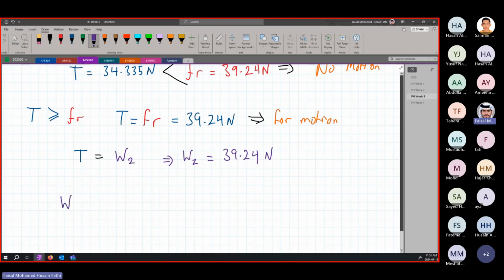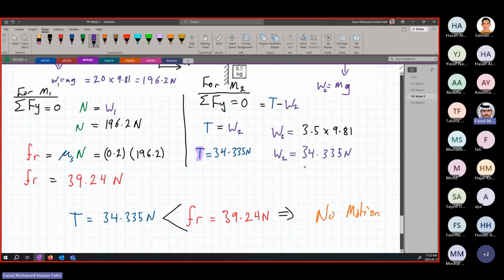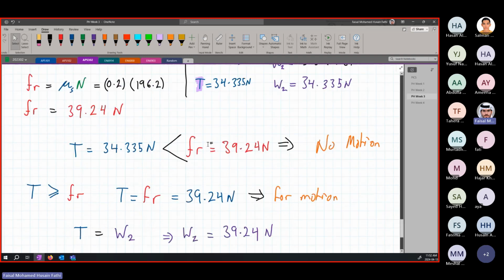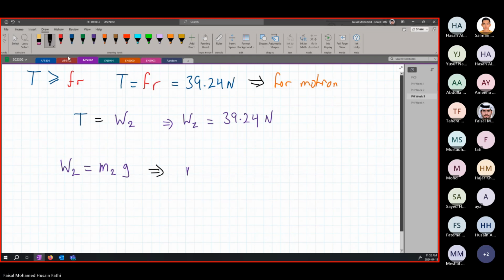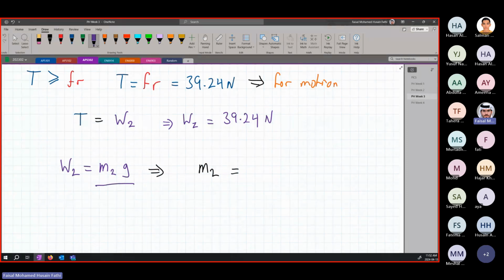We know that W2 is equal to M2 times G. Again, this is M2, we're talking about mass 2. If we rearrange this equation, we're going to find that M2 is equal to, how do we rearrange it? We divide both sides by G.